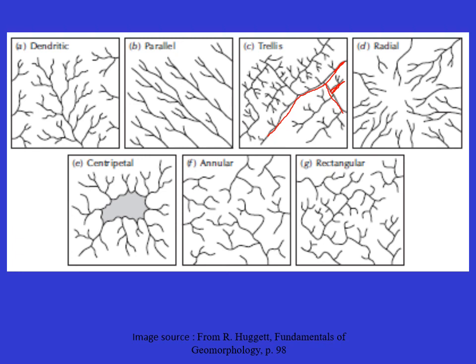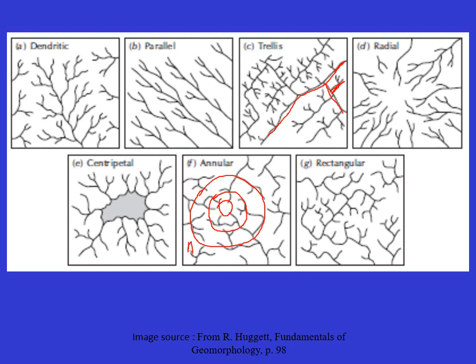So the rocks basically had a dome-like structure previously, and now it is eroded, so the rocks, the lithologies, are now oriented in this manner. Now, if the dome portion, that is the elevated portion, is eroded away, all the rock types are exposed.